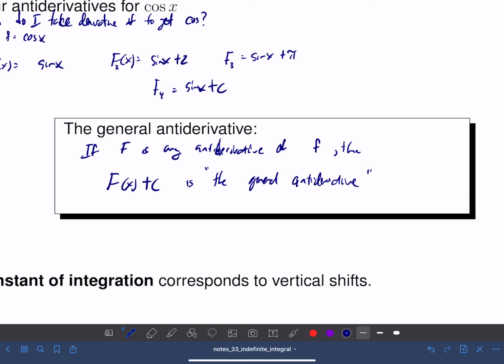So when we want to write the general antiderivative, we're going to antidifferentiate, and we'll add some generic arbitrary constant c, and then sometimes we need to find out what that value c is.